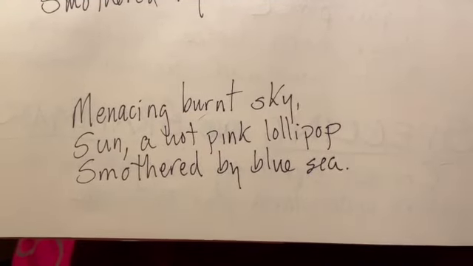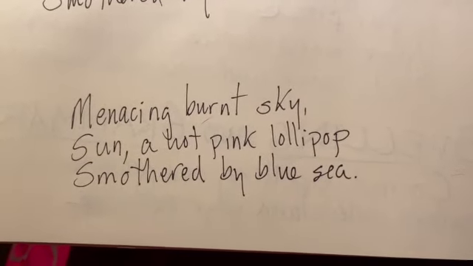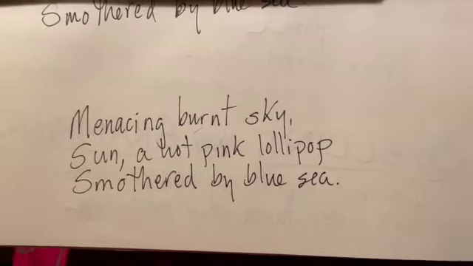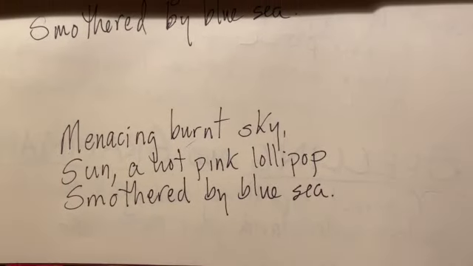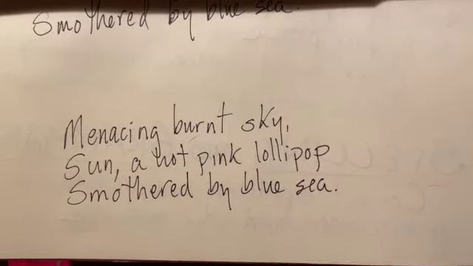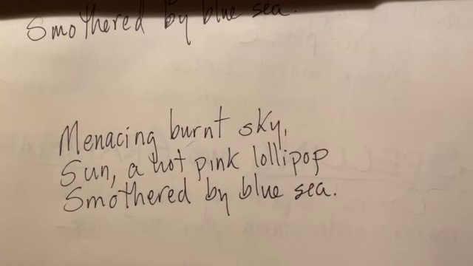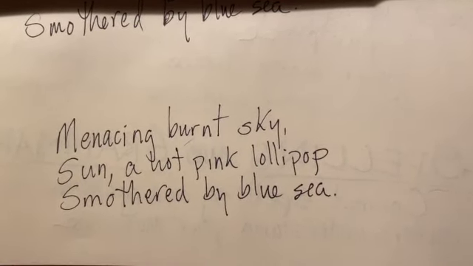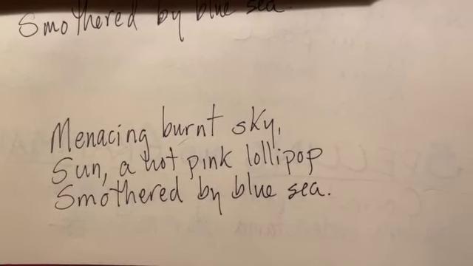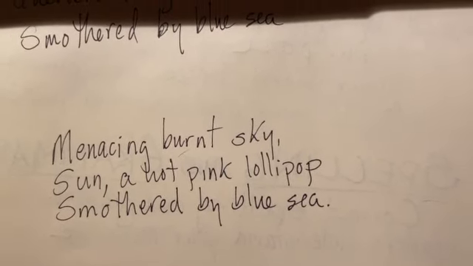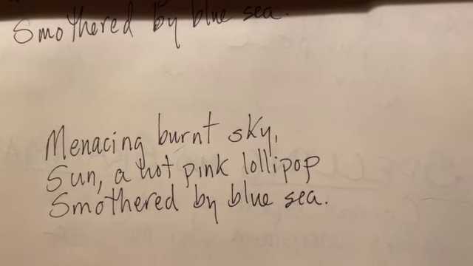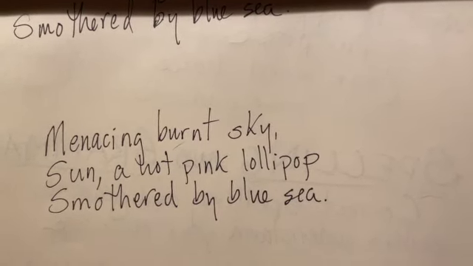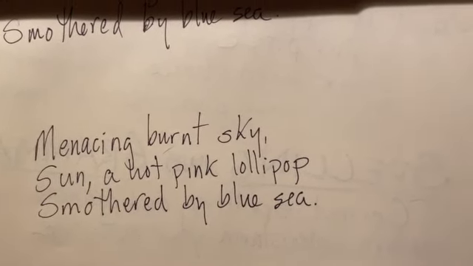And here's my final product. I actually ended up changing quenched to smothered because I realized that when we put out a fire, we actually smother it. That's one of the ways we put it out. And that made more sense to me than saying quenched, although I do like the word quenched.